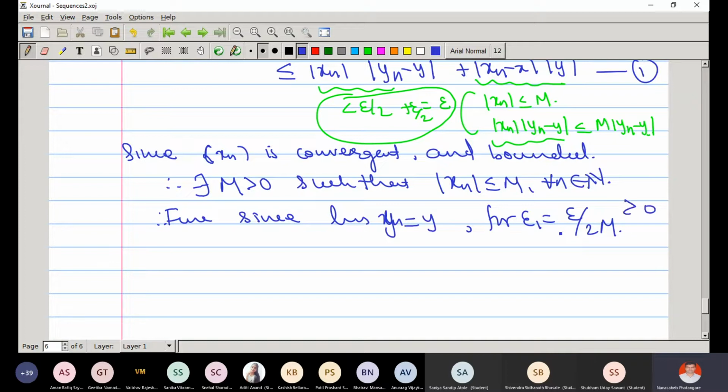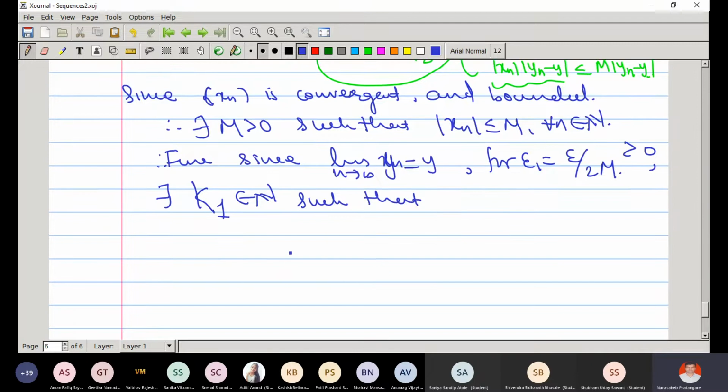And since limit of yn is y, for any epsilon we can produce k, so for this particular epsilon there is some k. Let us call it k1, such that the distance between yn and y is less than epsilon upon 2m for all n greater than or equal to k1. Let us call this expression 2.